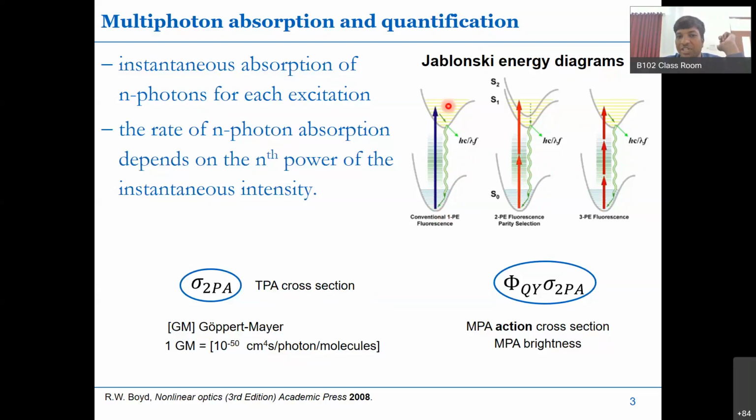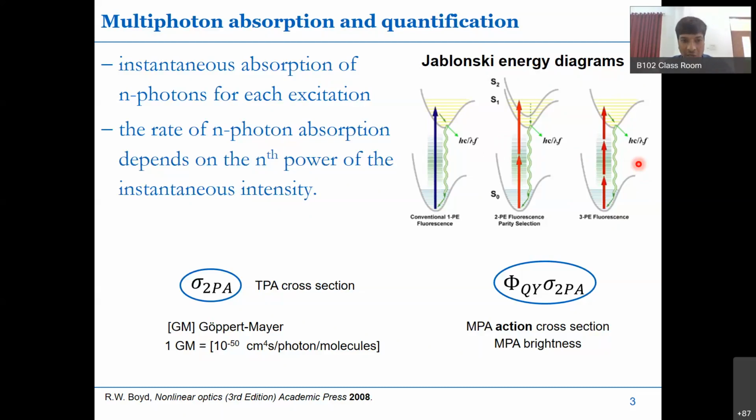Your photon energy is being divided into two sections because it is absorbing two photons, or into three sections for three photons, and then produces fluorescence of higher energy, so that you get multiphoton absorption. Since this energy is either half, one third, or one fourth of it, because of this reason, the energy of the excitation and the energy of the emission will be hugely different.